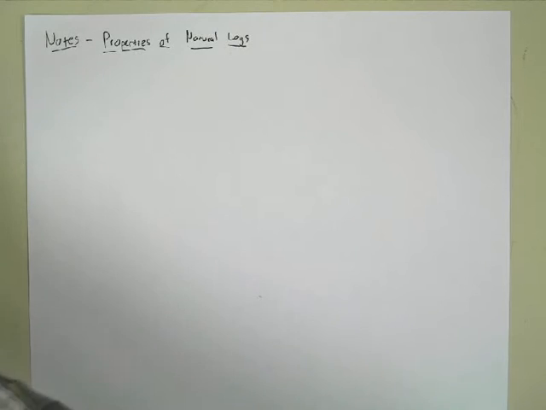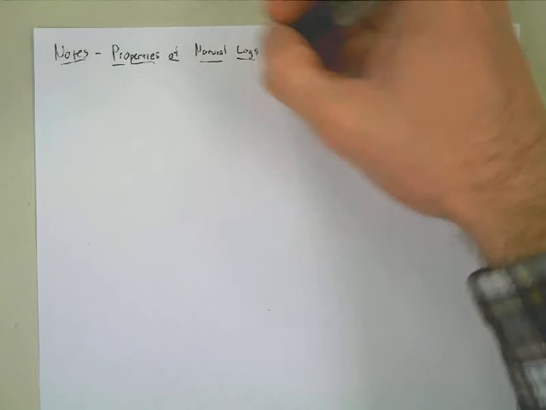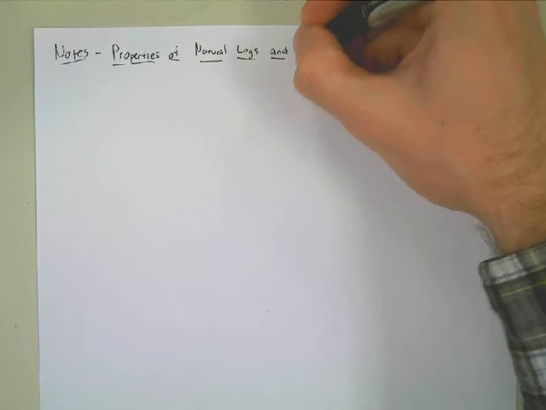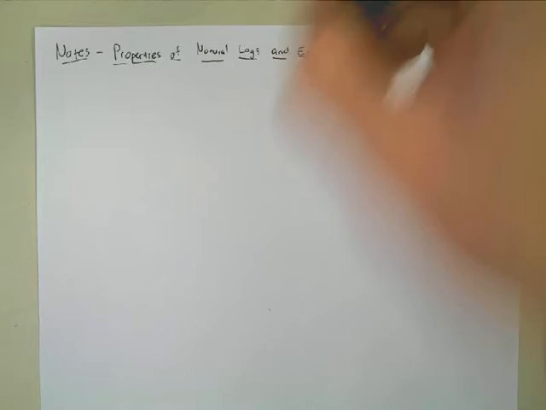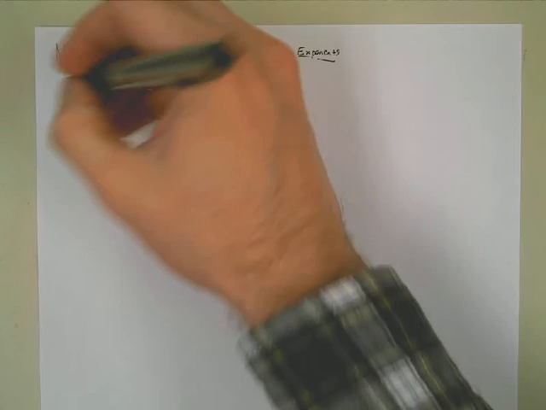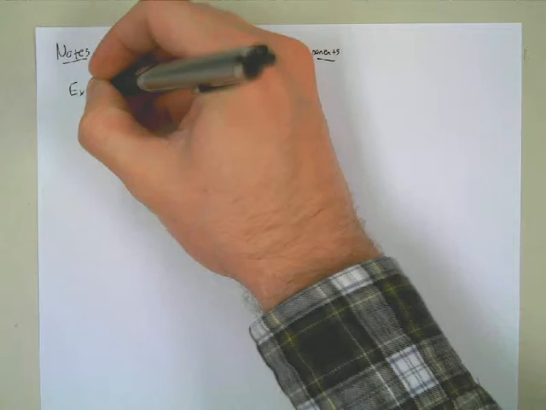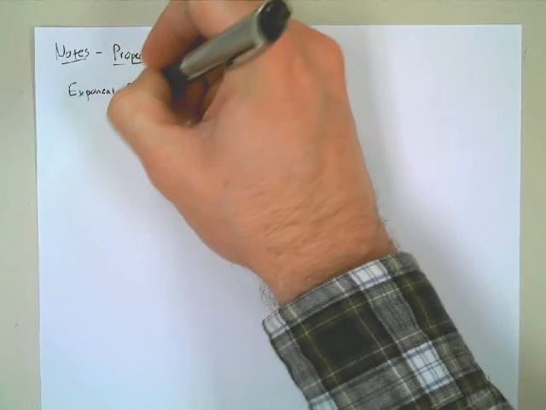All right. Properties of natural logs and exponents, I guess we'll say too, because we also need to know exponents. So let's look at exponent properties first, just to refresh our memories some.